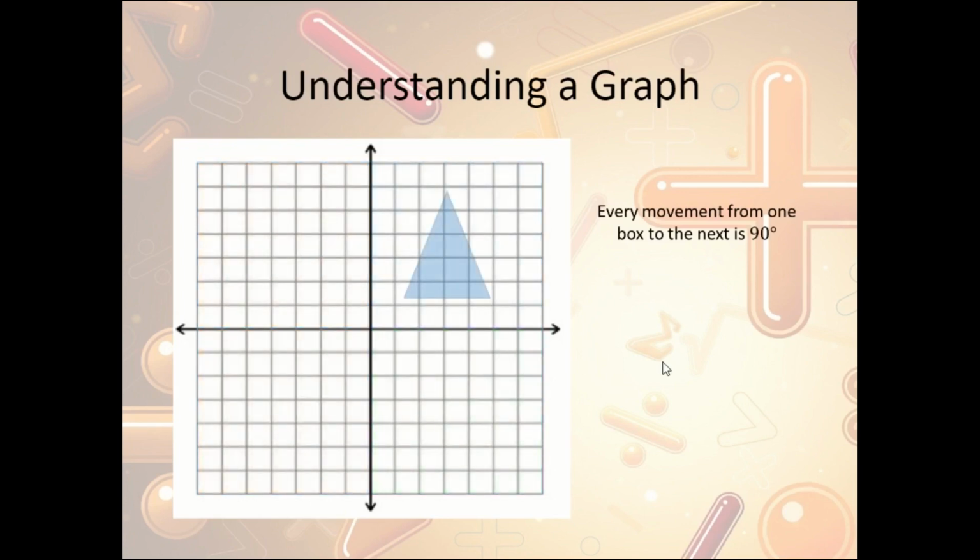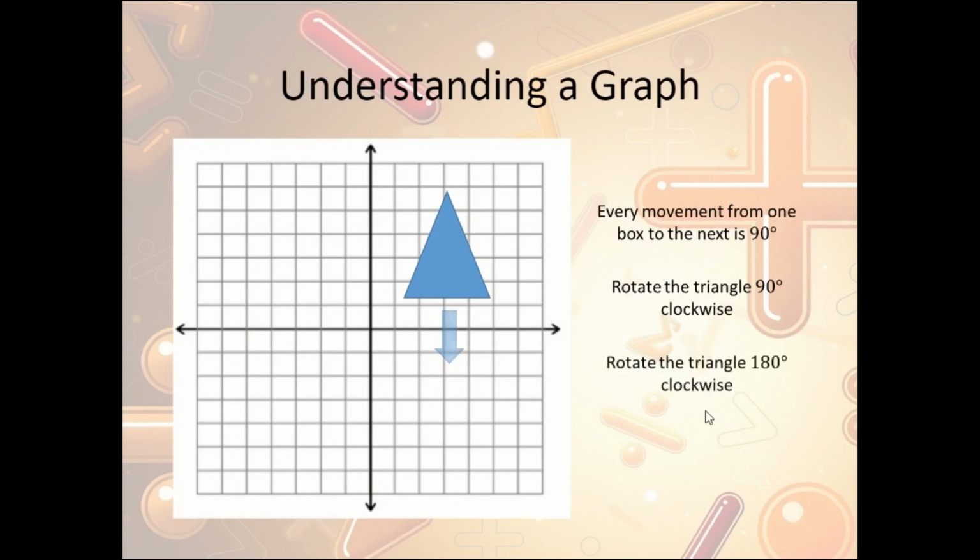So, for instance, if we had our triangle here, and I said I want to move 90 degrees clockwise, I'm going to take that triangle and move it in the direction of a clock, and it's going to move down into this box. Now, if I want to go 180 degrees clockwise, that means I move 2 boxes, because 180 is just 90 times 2, so we move 1, 2 boxes, and we end up over here. If we want to go 270, that's 3 boxes, so 1, 2, 3, and we end up over here.